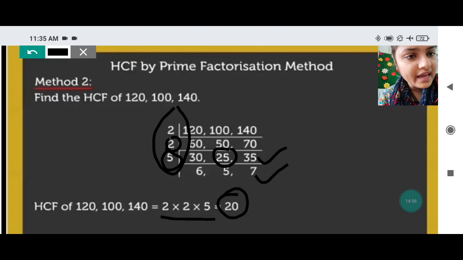So 20 is the highest common factor of 120, 100 and 140, my dear. This is the highest common factor which we received after doing the division and then finding the product of the common factors. That product is the highest common factor of the three numbers.